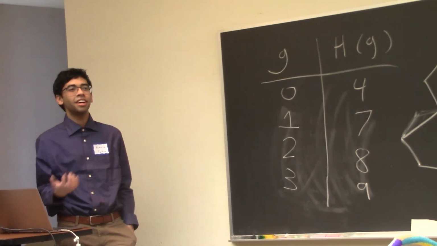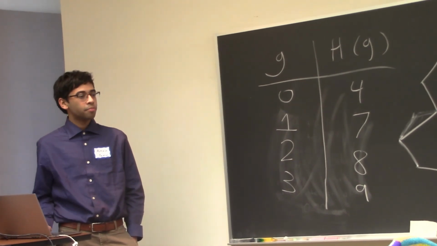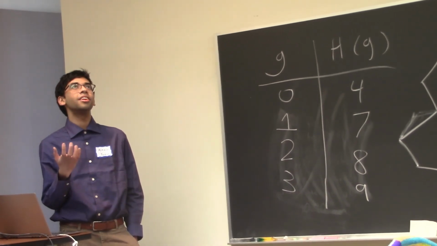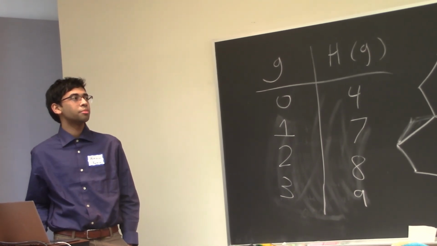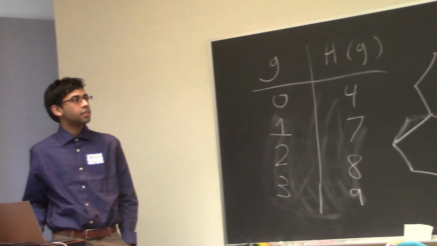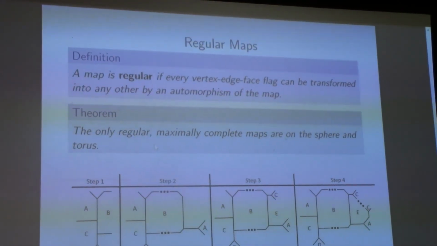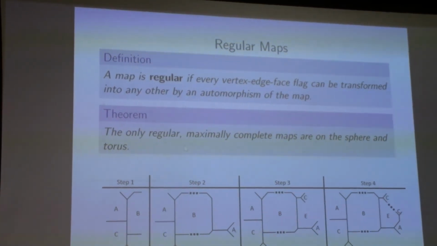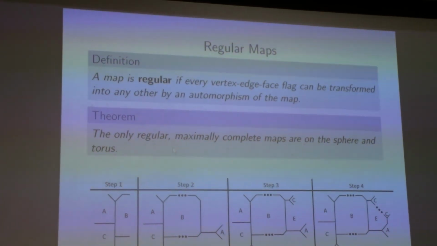So then it helps you deduce that it's complete. So we wanted to know, are there other regular maps on surfaces of higher genus which are also maximally complete? And it turns out that the answer is no. You can only have maximally complete regular maps on genuses 0 and 1 for orientable surfaces.